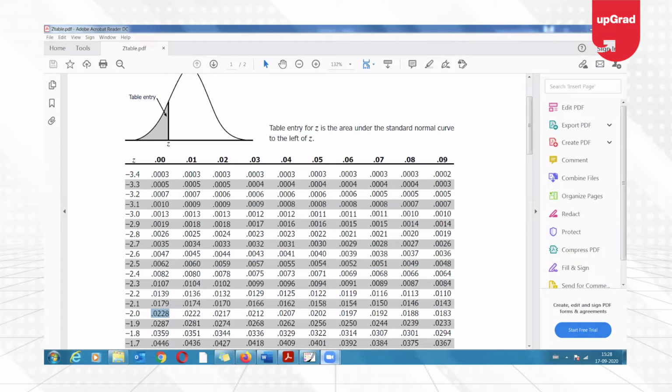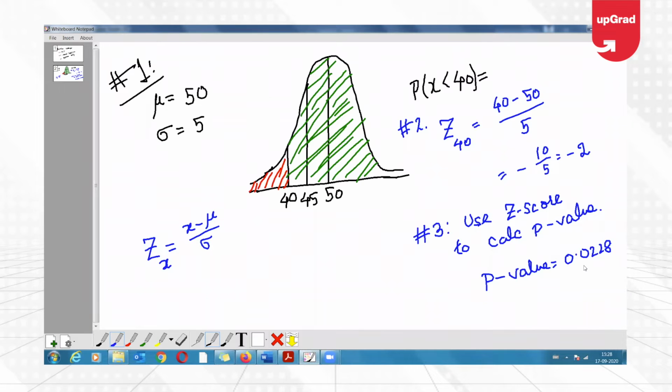So this p-value of 0.0228, we can say that the chances of the batsman scoring less than 40 is 0.0228 multiplied by 100, just to calculate it in terms of percentage, it's 2.23% up to 2 places of decimal.